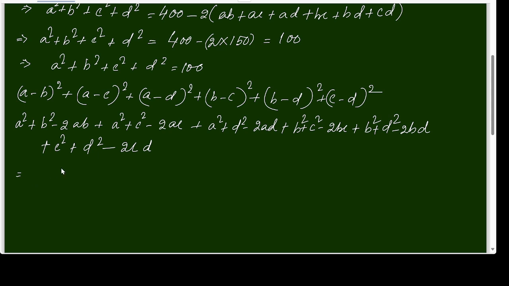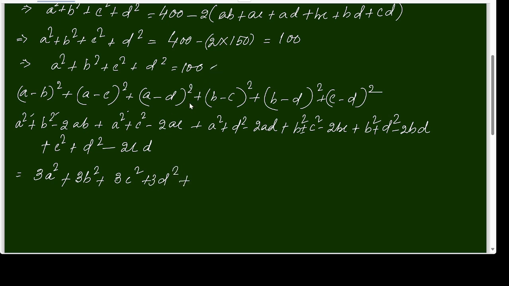So if we simplify, I am getting a square, a square, a square, so 3 times a square. In the same way, you must have understood, b square will get 3 times, so 3b square, and c square also will get 3c square, and d also will get 3d square.